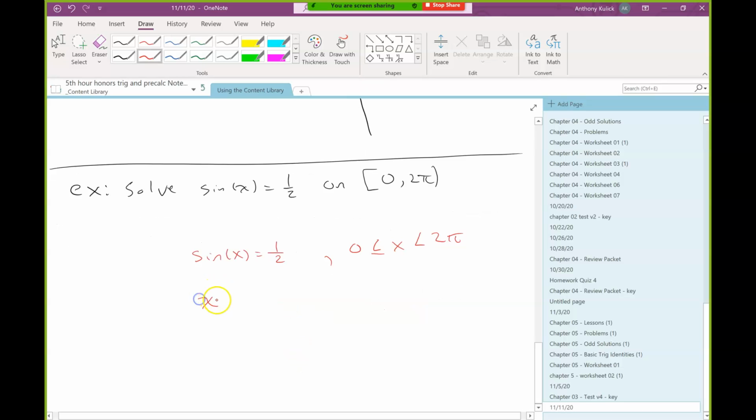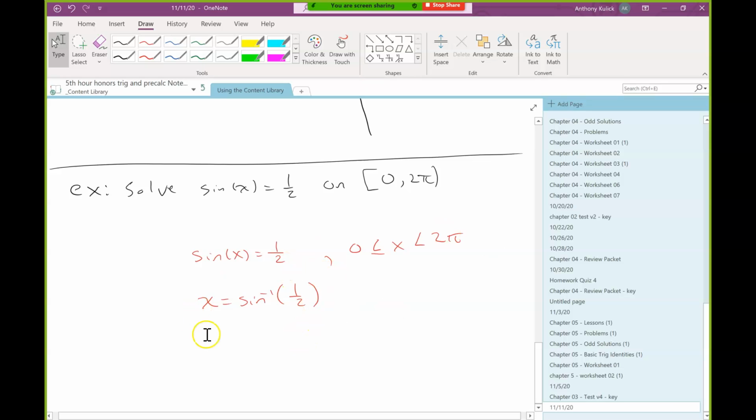Now to get x, we'll do sine inverse of both sides. But now instead of being restricted to just the values between negative pi/2 and positive pi/2, I can look anywhere from 0 to 2 pi. Everybody's okay with that notion?